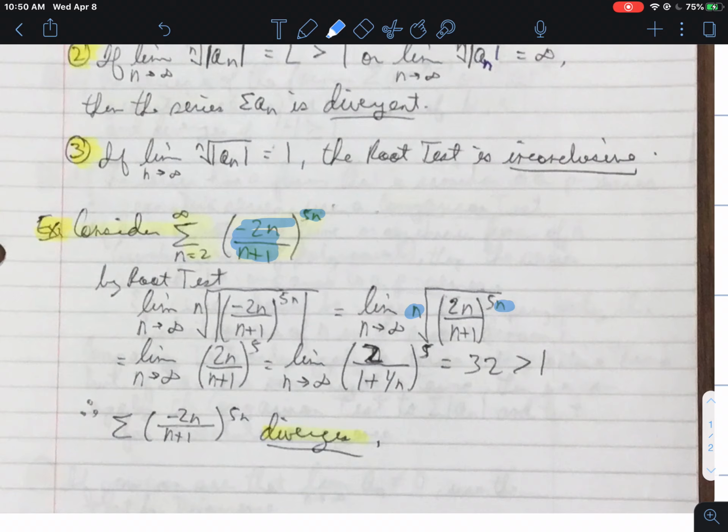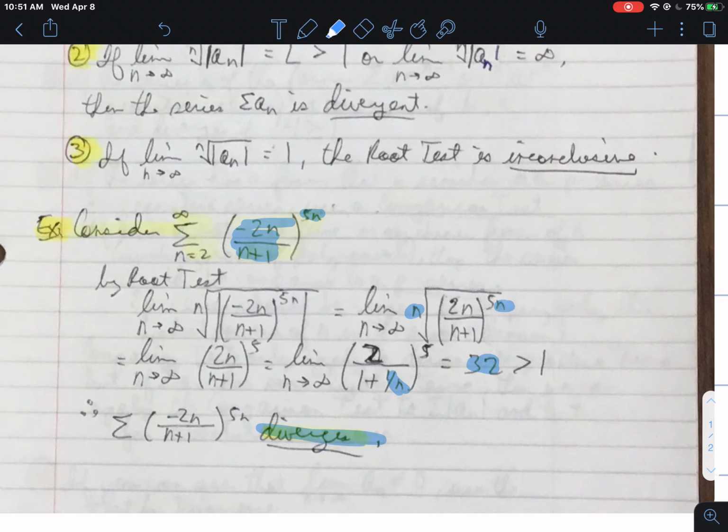I get 2 over 1 plus 1 over n to the 5th. And as n approaches infinity, 1 over n goes to 0. So I'm left with 2 over 1 or 2 to the 5th, which is 32. That's the value of the limit. That's greater than 1. And just like with the ratio test, since the limit is equal to a constant greater than 1, then we say that the series is divergent.